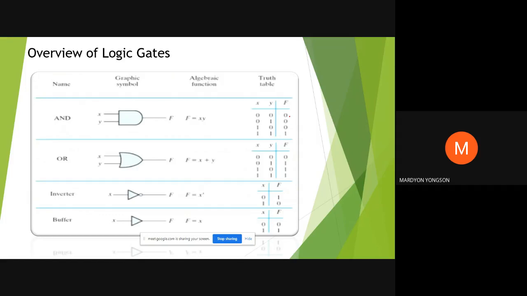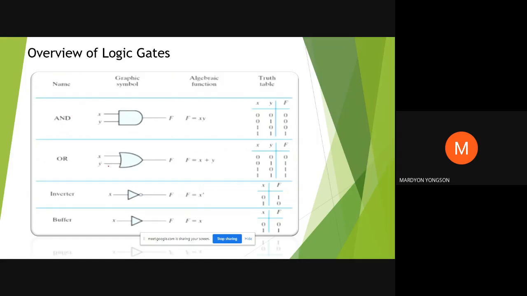And if the input is both 1 or both true, the answer is true. For AND, we use multiplication. So we have x times y. 0 times 0 equals 0. 0 times 1 equals 0. 1 times 0 equals 0. Then 1 times 1 equals 1. So ayan yung AND gate.